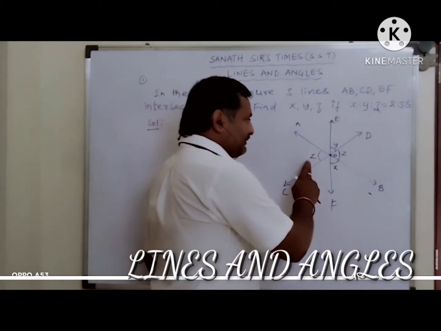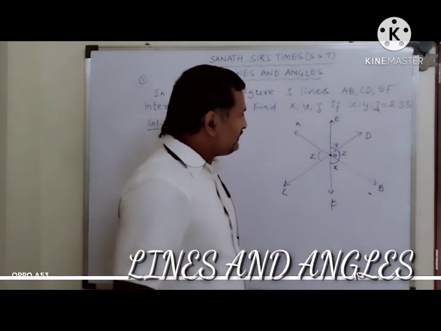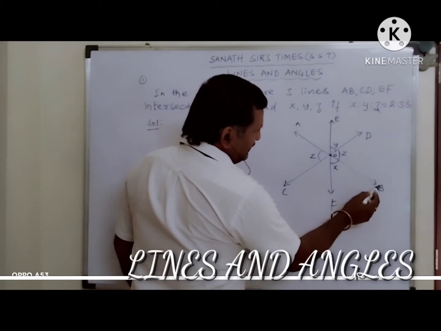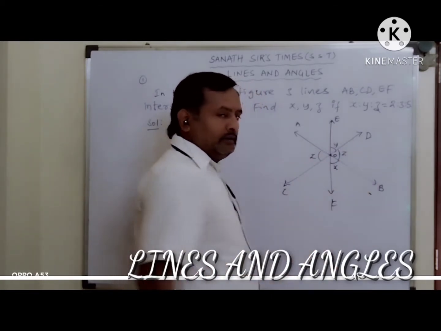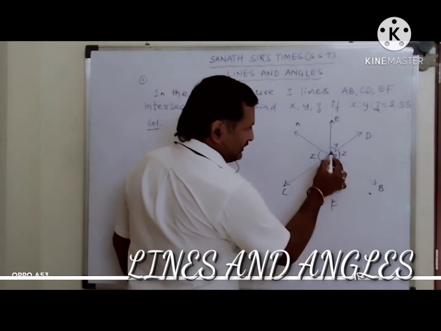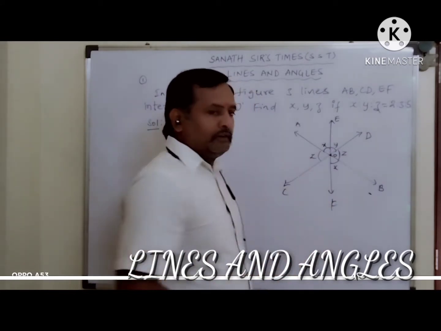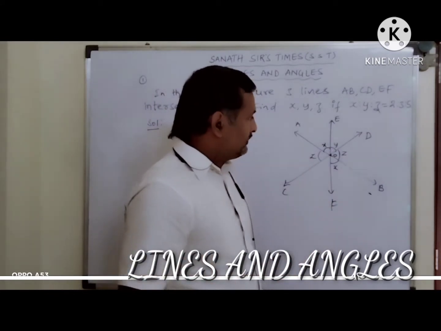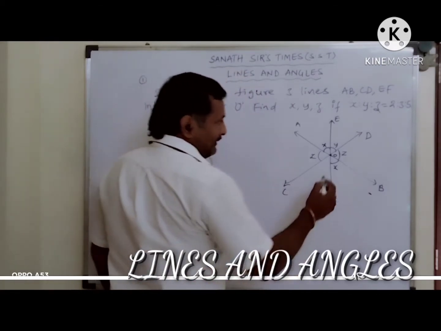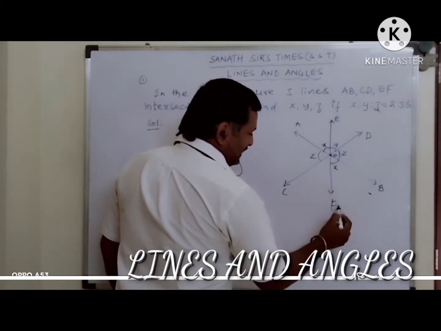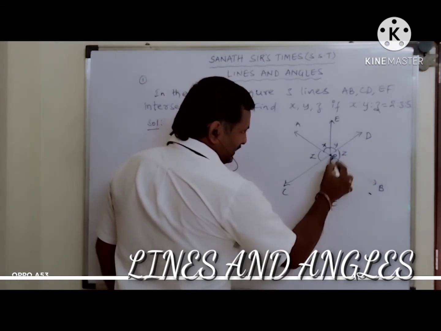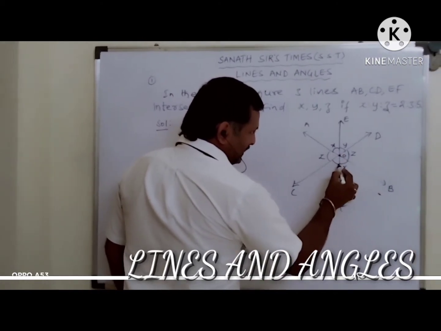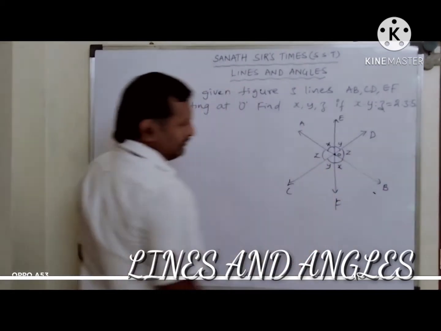Hence, if it is Z, this must be Z. When you consider AB and EF, these two lines again are intersecting lines. So if this is X, this must be equal to X because vertically opposite angles are equal. Similarly, if you consider EF and CD, these two angles are vertically opposite. If it is Y, this is also equal to Y.